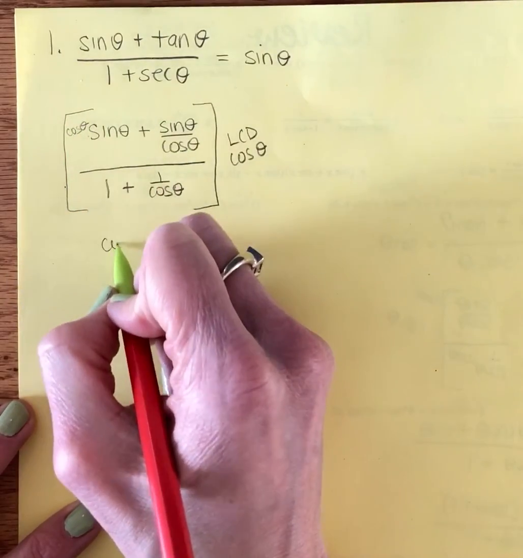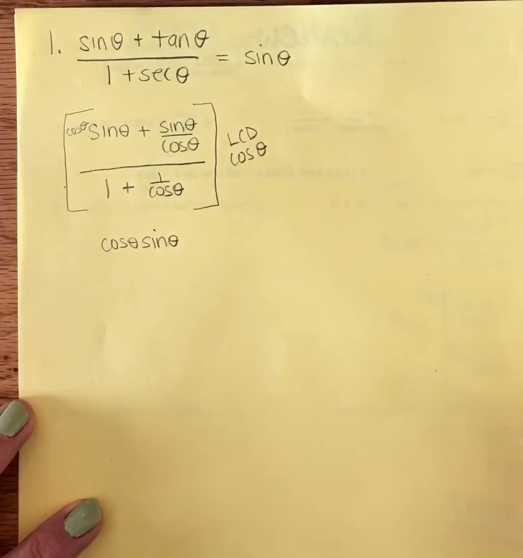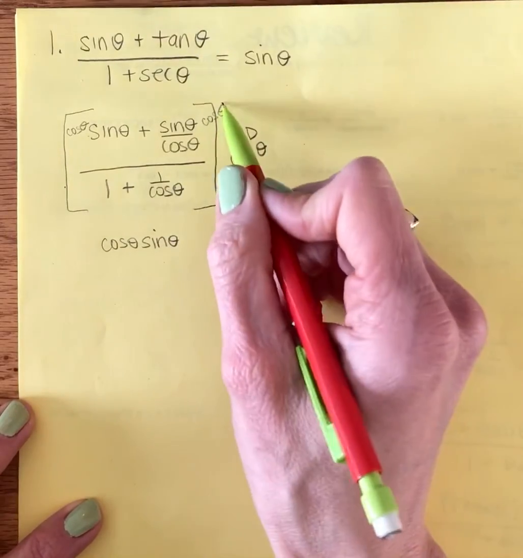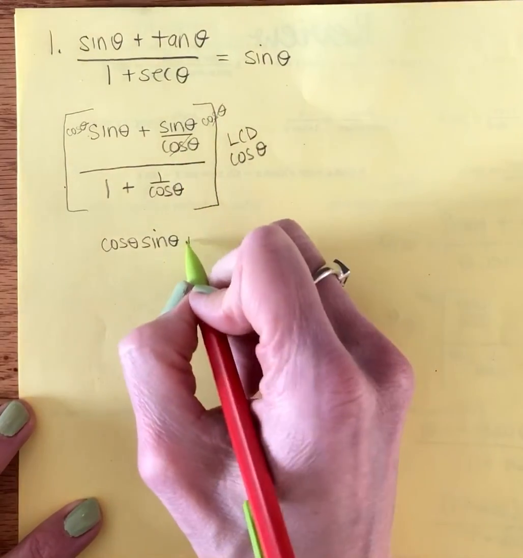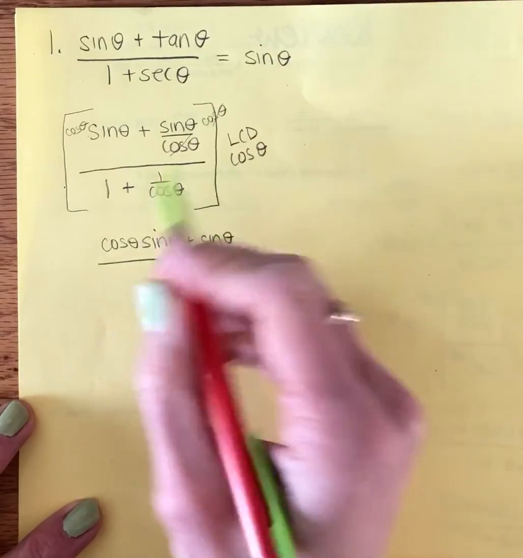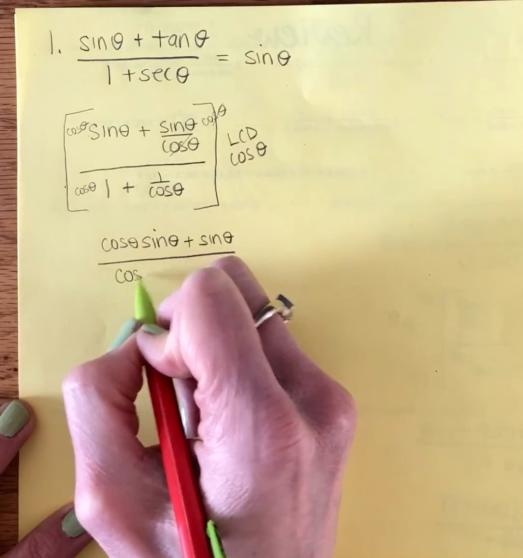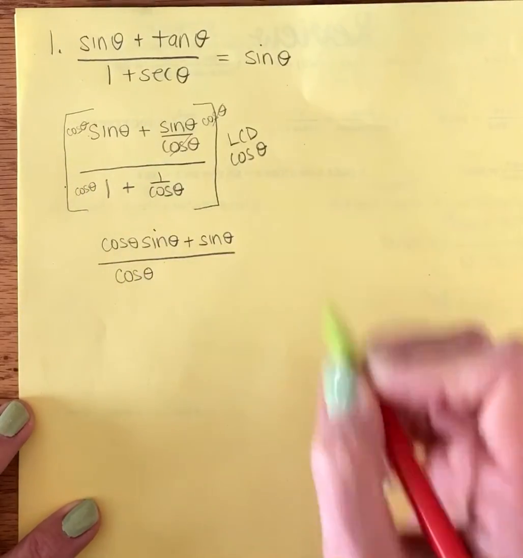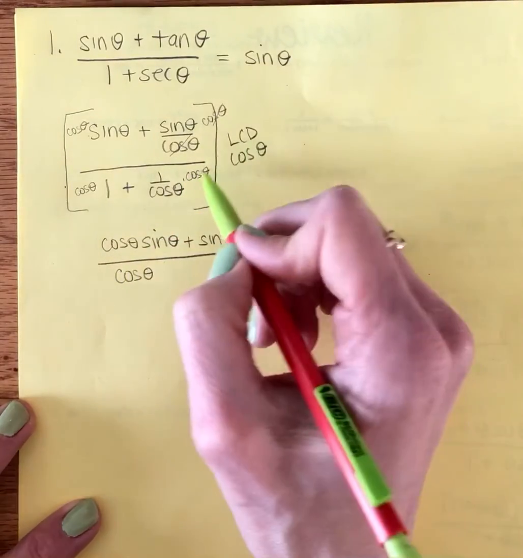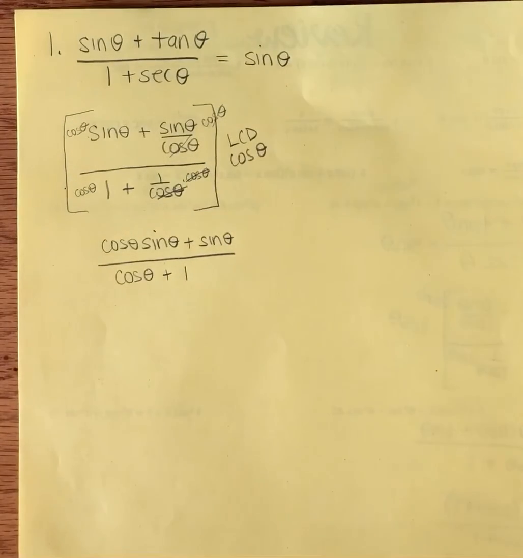So I have cosine theta, sine theta. I multiply this term by cosine theta. Well, in this term, the cosines are going to divide out, and I'm just left with a sine theta. Okay, I multiply this term by cosine theta. Cosine theta times 1 is just cosine theta. And now I multiply this last term by cosine theta. And again, the cosine theta is crossed out, and I'm just left with a 1.